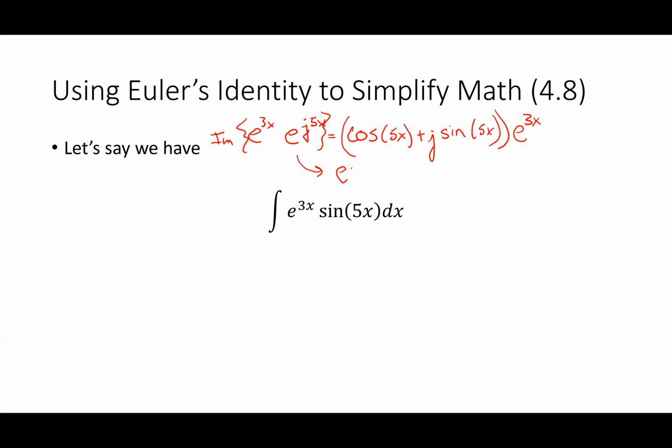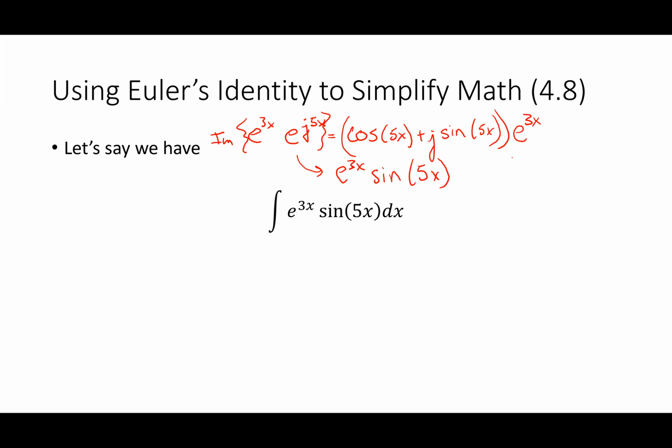So you basically have e to the 3x times sine 5x. When you look at the number in rectangular form, which part is the imaginary part? Which part is the coefficient on the j? In this case, it's the e to the 3x sine 5x.